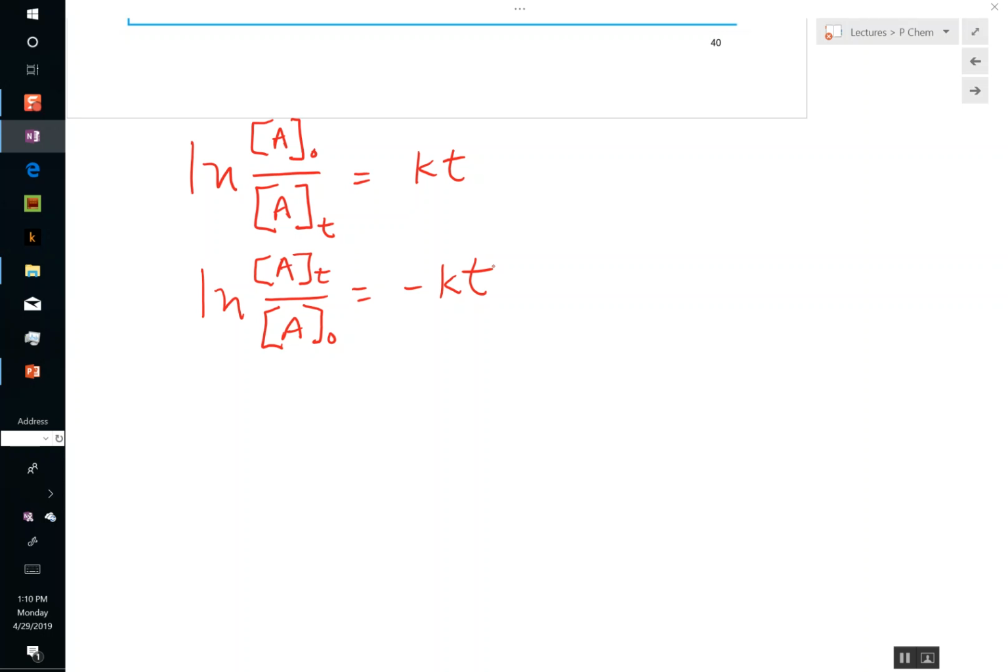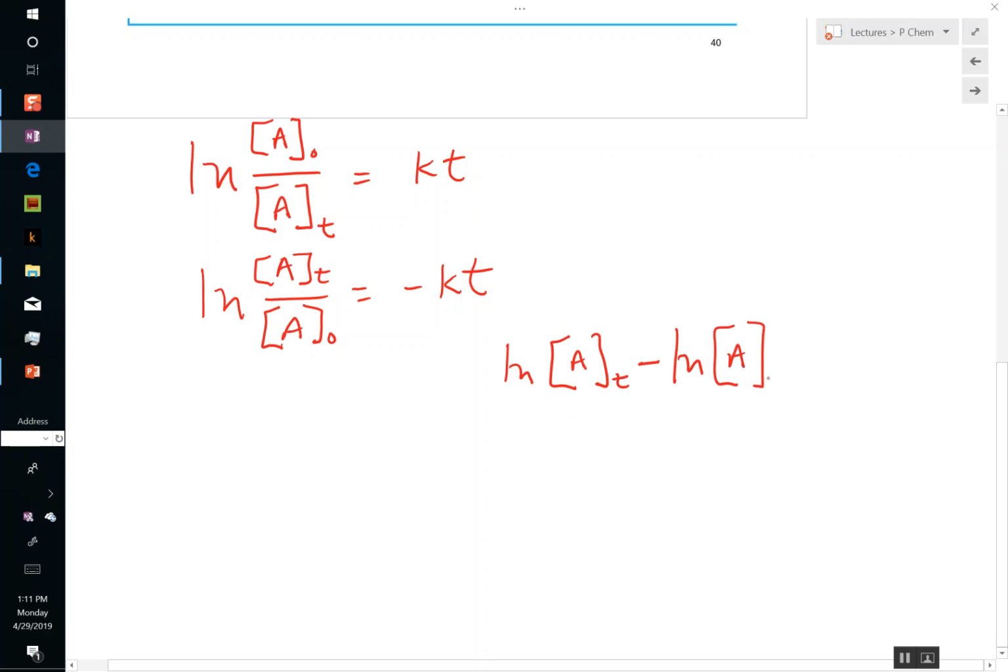All right? And then you could take the analog. Well, let's work right off of that equation for a second. So there's two ways to work with this equation now. You can have the natural log of the final concentration minus the natural log of the starting concentration equals negative kt.